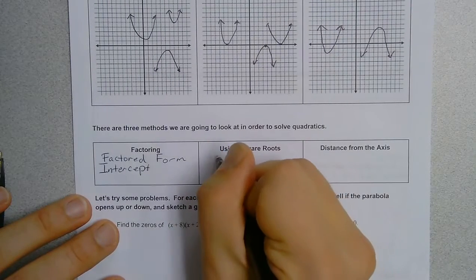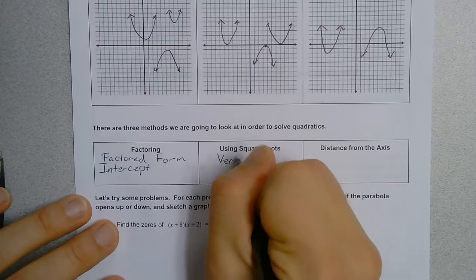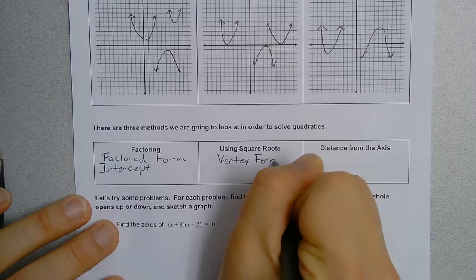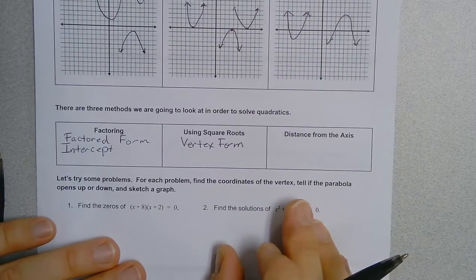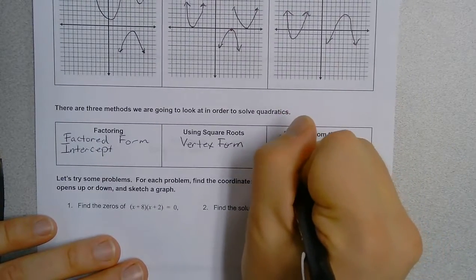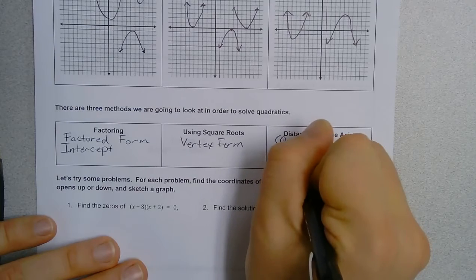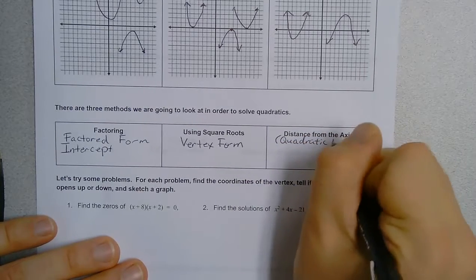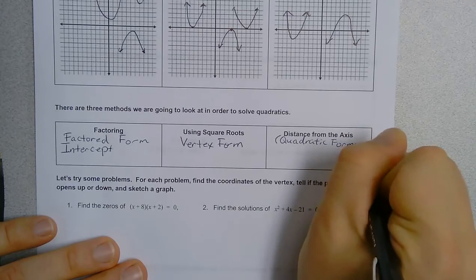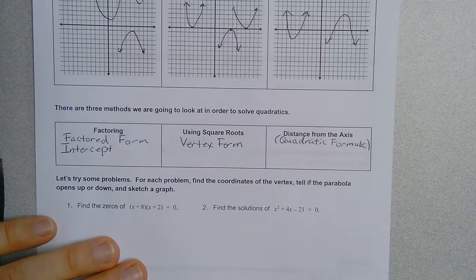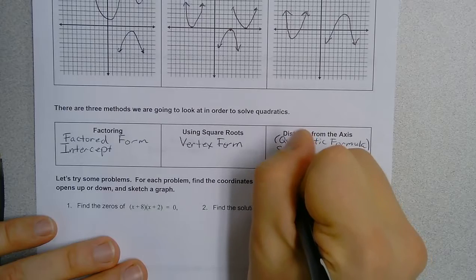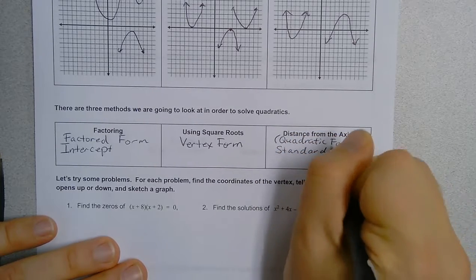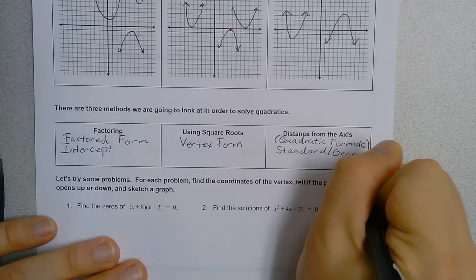We're going to do that for vertex form. And the distance from the axis, this is actually the quadratic formula. And we're going to use that for standard or general form.